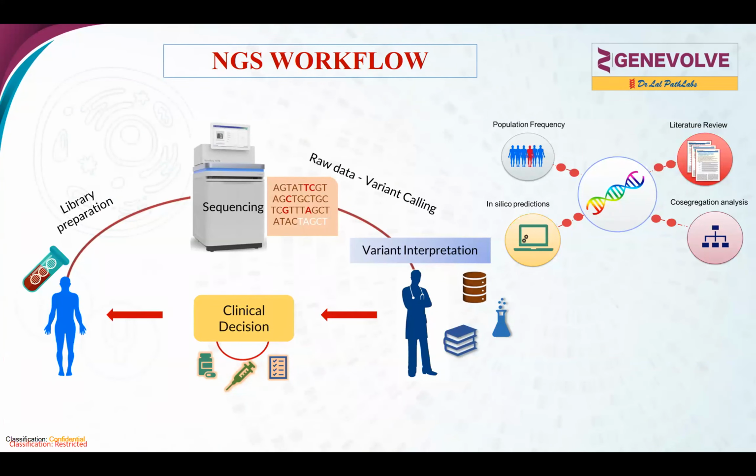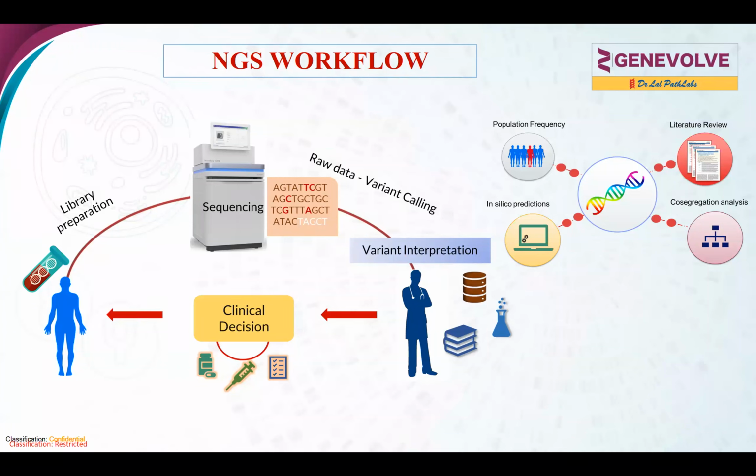If you look at this cartoon, it purely gives you the workflow of the NGS, as the previous slide also spoke about. And in the variant interpretation, what happens in the bioinformatics analysis is that if a variant is found and that variant is not present in the popular onco databases, in the form of cBioPortal, in the form of Jackson Laboratory, in the form of ClinVar, you look at the population frequency.